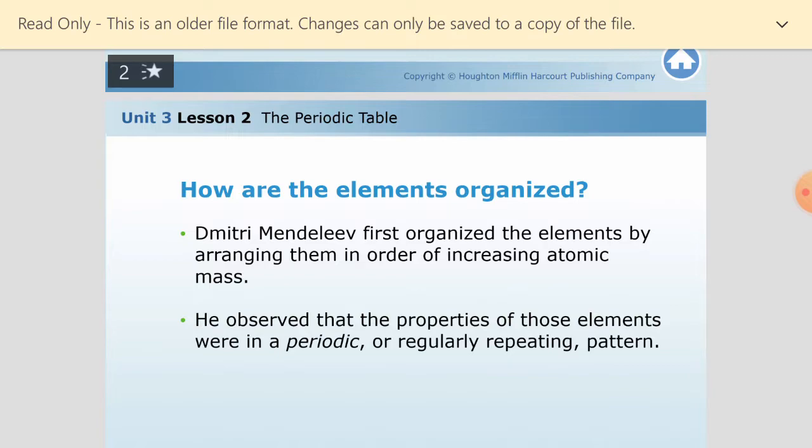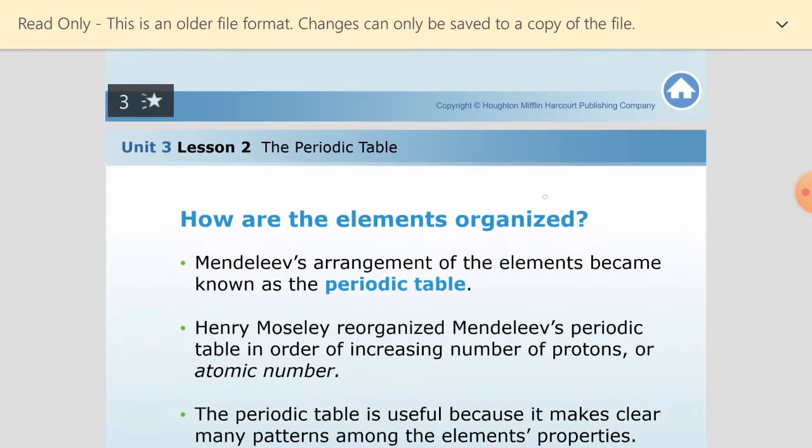What is the atomic mass? We learned in the last lesson the mass number. The mass number, we said, is the sum of neutrons and protons.